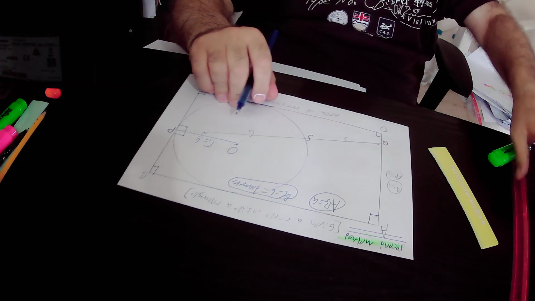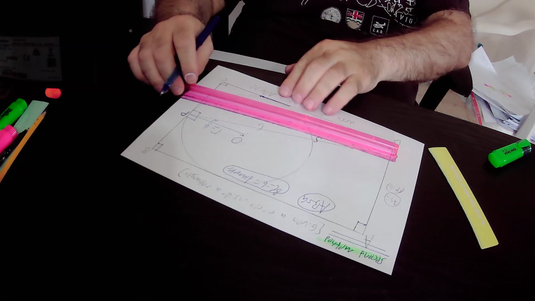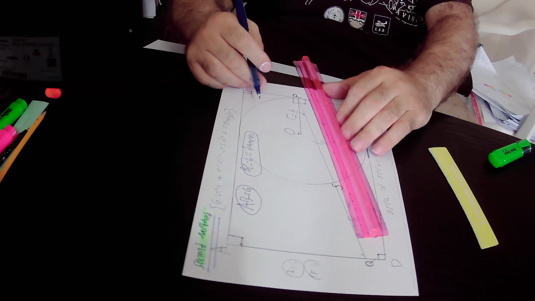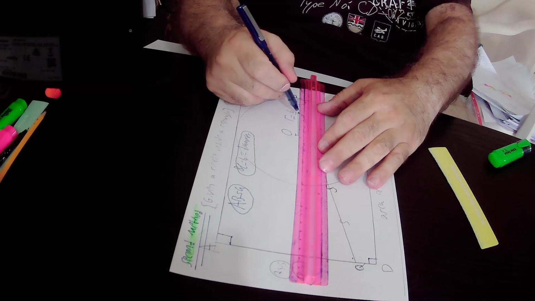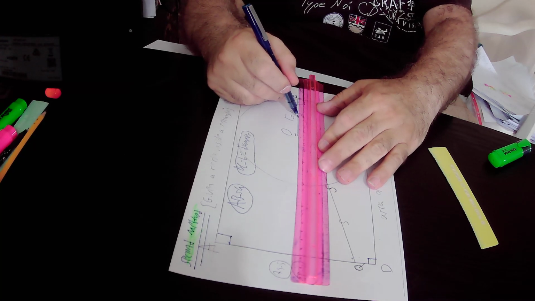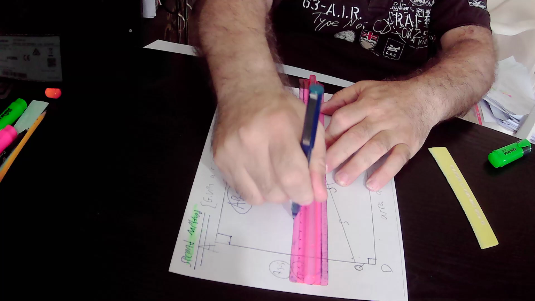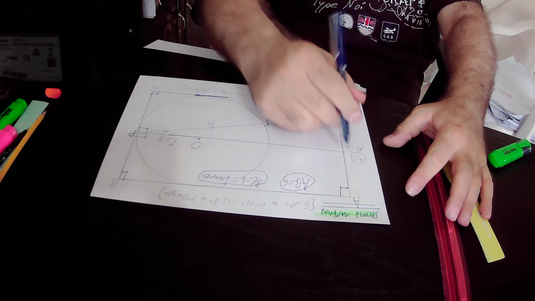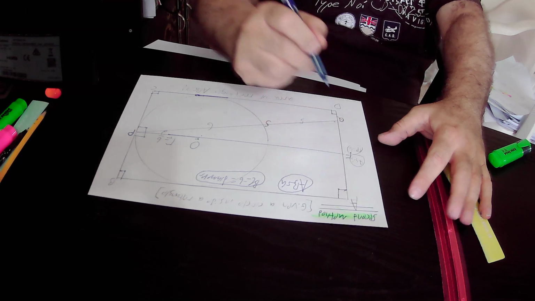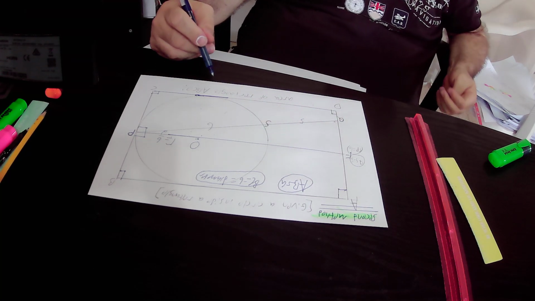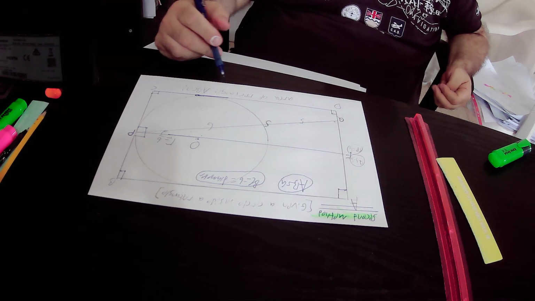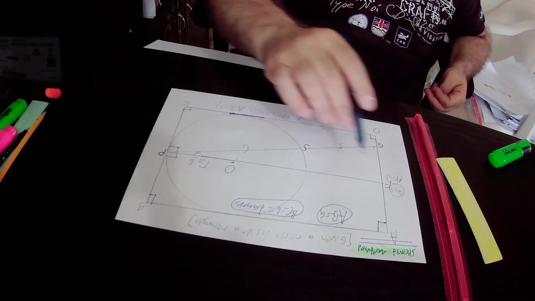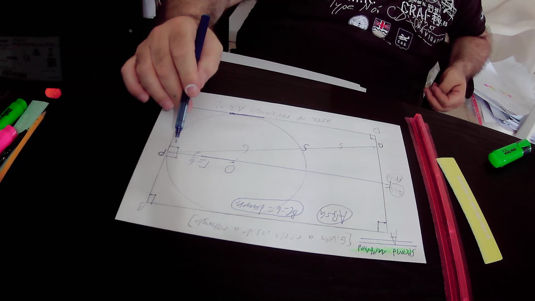Okay. In the next step, we'll extend the radius PO until it intersects with side AD of rectangle ABCD. And we will define the intersection point as point F. So, in quadrilateral ABFP, we have 1, 2, 3 right angles.